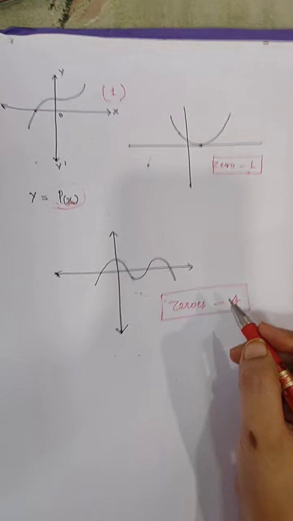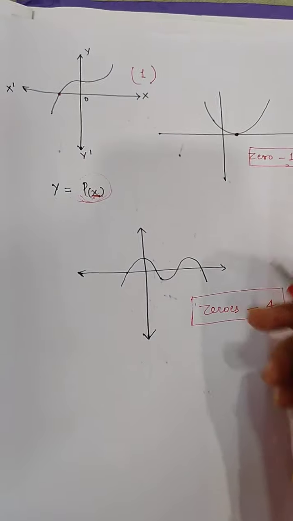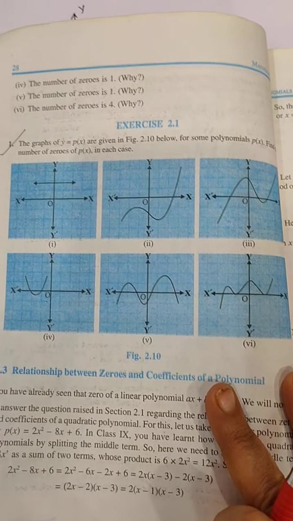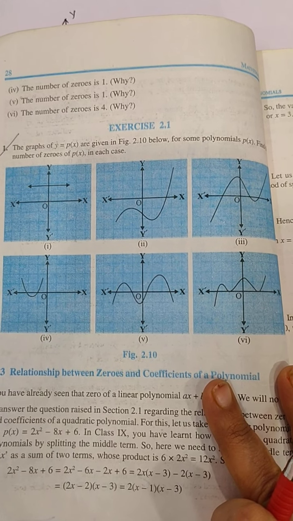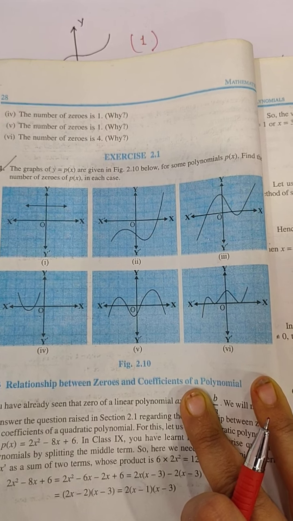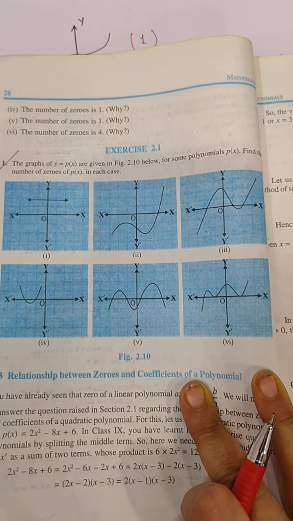Now you do the first exercise of this chapter, exercise 2.1 of NCERT. The graphs of y is equal to p(x) are given in figure 2.10 below for some polynomial p(x). It means they are asking for the zeros of polynomials in which only x is the variable.